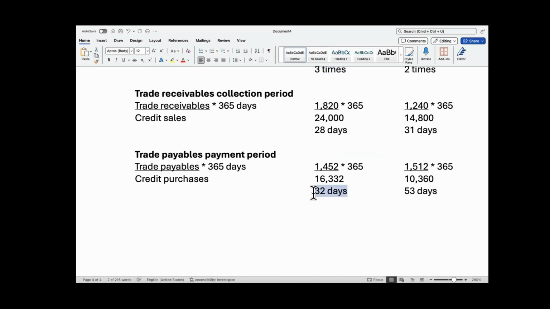But if I want to justify an extended payment period, if you are taking a long time to pay your supplier, I can say that yes, it is a profitable company and the suppliers allowed him an extended period.